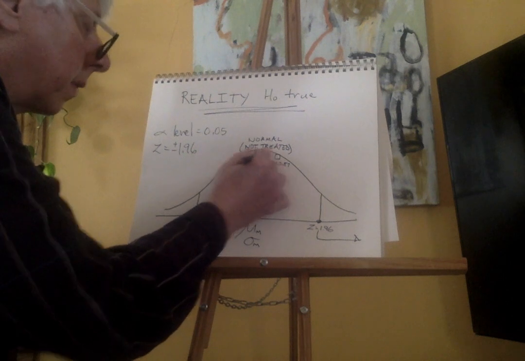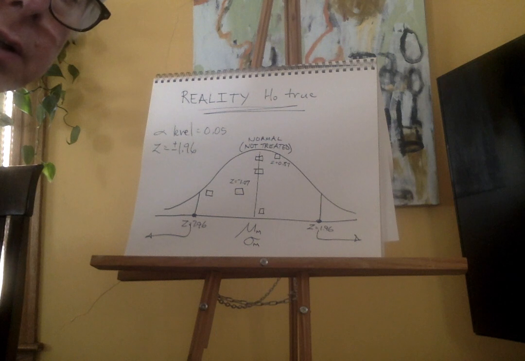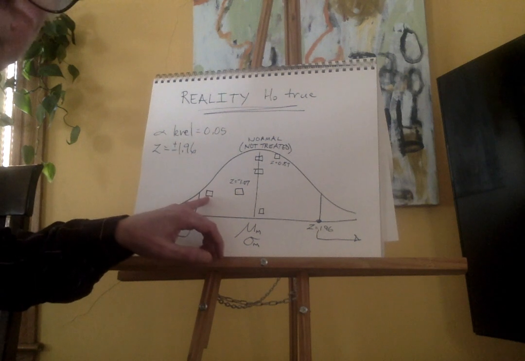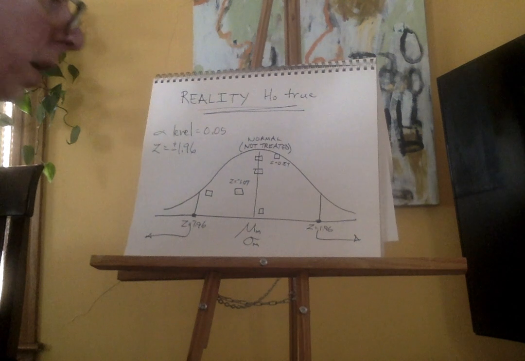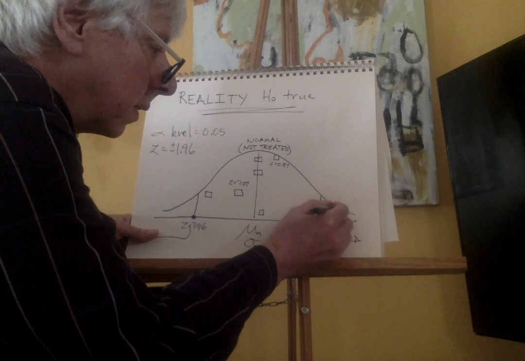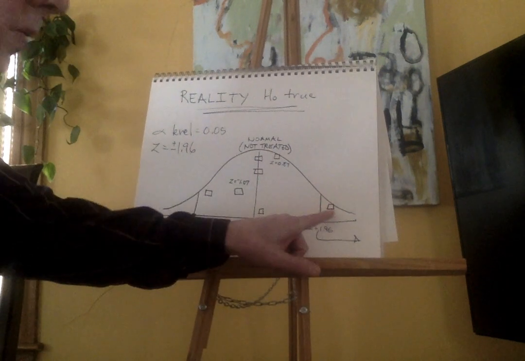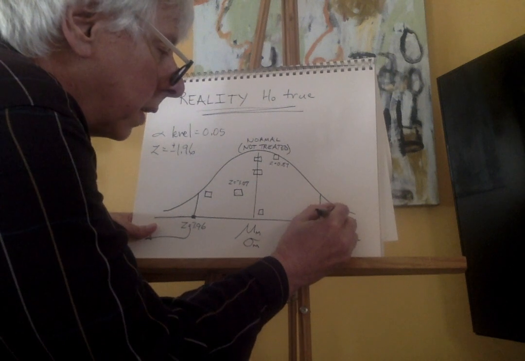Out here, reject or fail to reject? Fail to reject the null, okay? And that matches reality. But once in a while, the researcher gets this sample. The z-score here is 2.17.